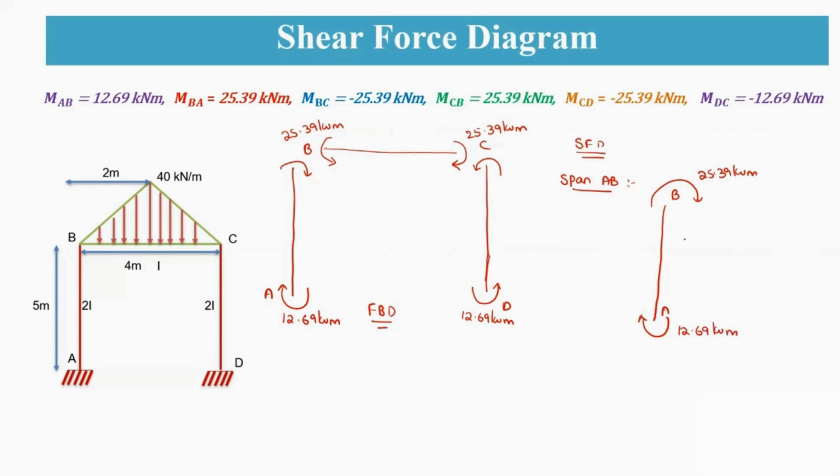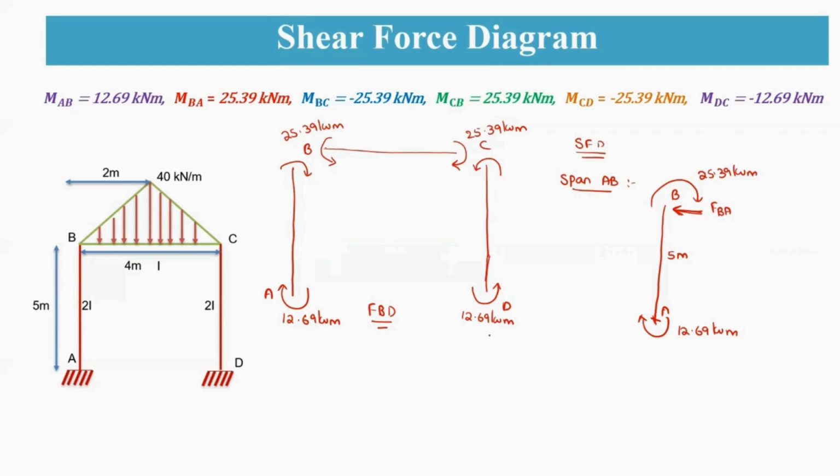The span of this is 5 meters. If you consider the moment about this point, I'm just drawing the force in this direction. So this is the force FBA we'll consider, or you can consider the reaction also.